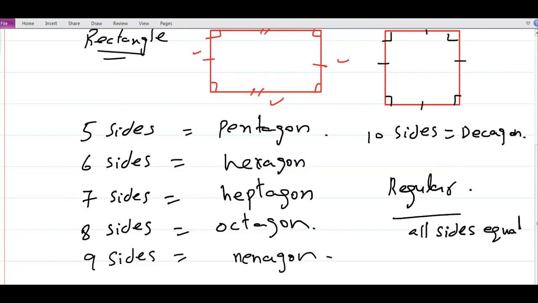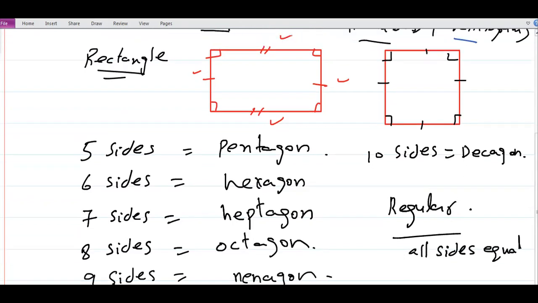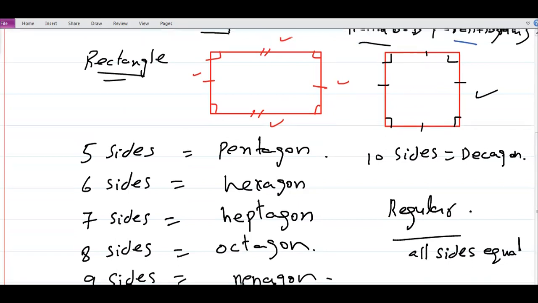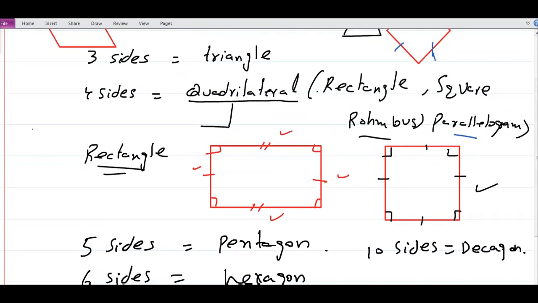If I say regular pentagon, it means all five sides are equal. If I say regular hexagon, it means all six sides are equal. If I say regular heptagon, it means all seven sides are equal, and so on. Like square, for example, square is a regular quadrilateral. Equilateral triangle, the triangle whose all three sides are equal, I will say it is a regular triangle. Okay.